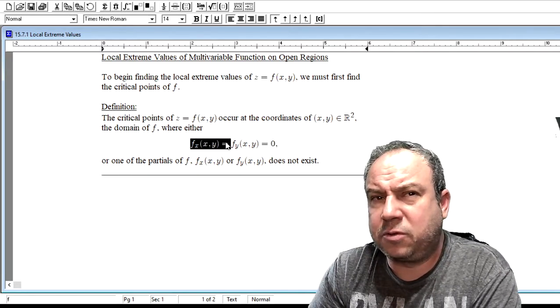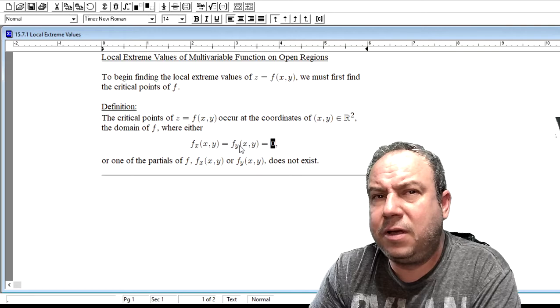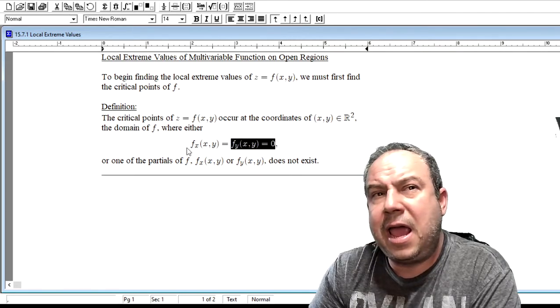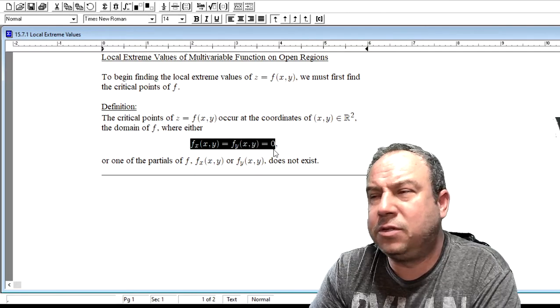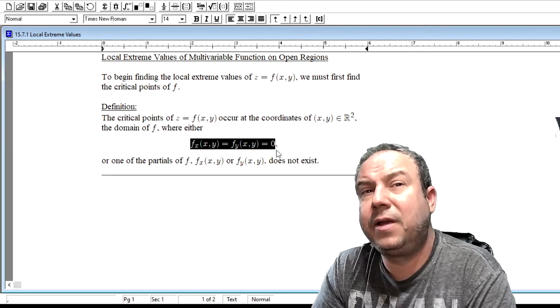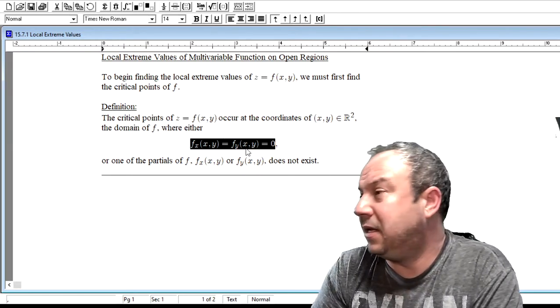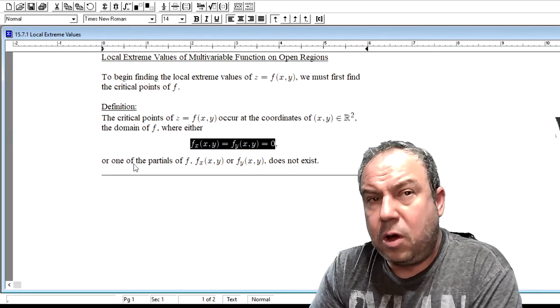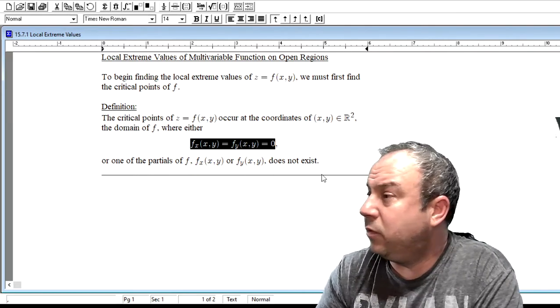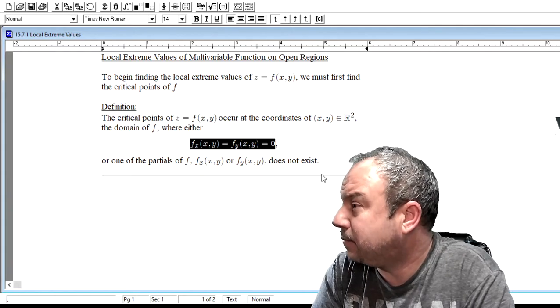F's first partial with respect to x is going to have to equal 0. F's first partial with respect to y is going to have to equal 0. And then likewise, they're both going to have to equal 0 simultaneously. Right? That's what this statement is saying. Or where one of the two partials does not exist. That's where we would also find critical points. All right, folks?